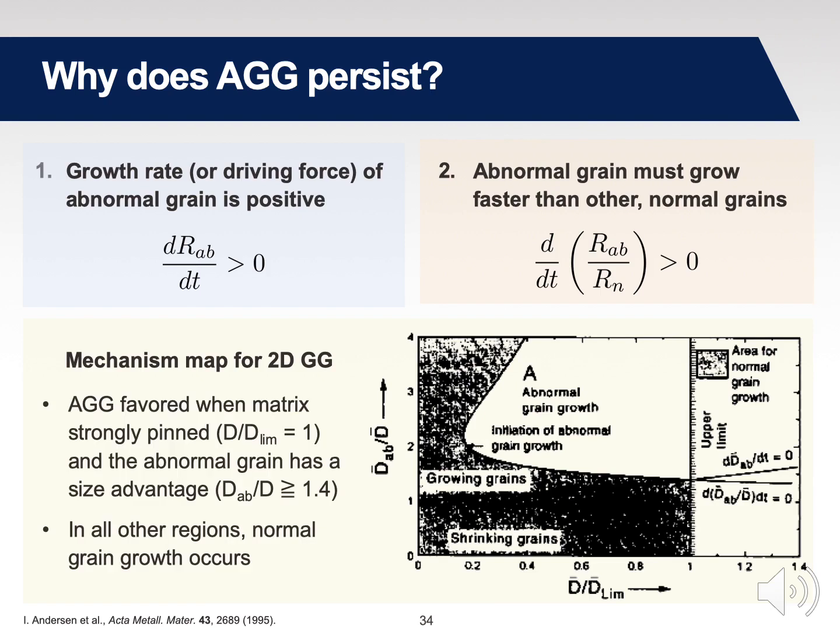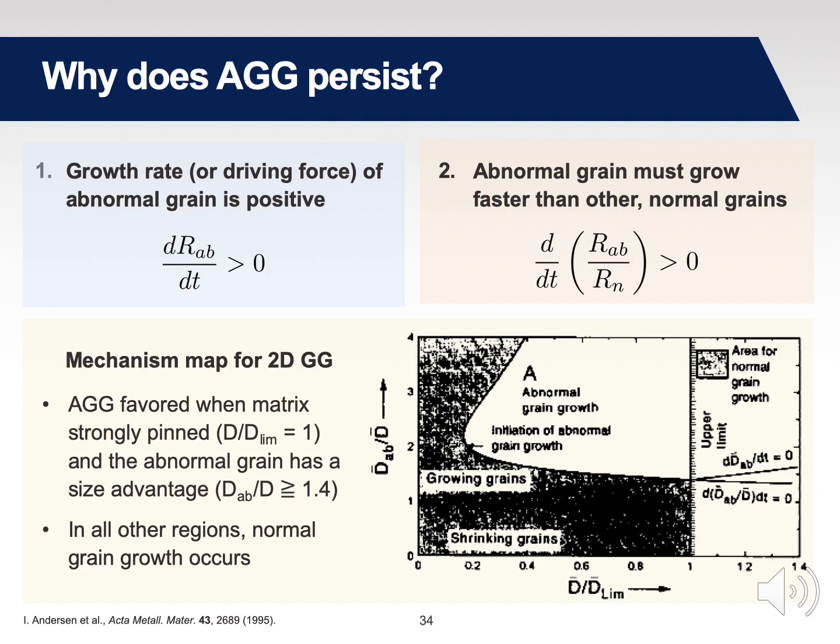So if you were to consider these 2 effects, if you plot them orthogonally, you see that abnormal grain growth is favored when the matrix grains are strongly pinned. In other words, when all of the grains are equal to the limiting grain size, d over dlim is equal to 1. This is when the size advantage goes to a minimum for the abnormal grain.